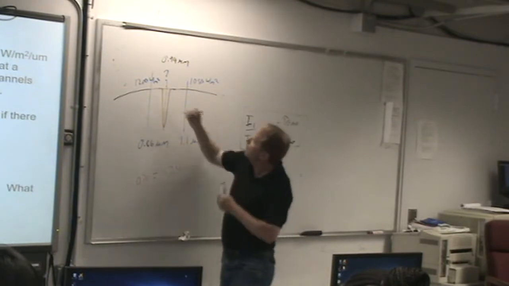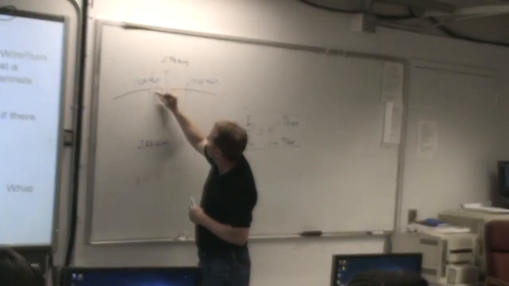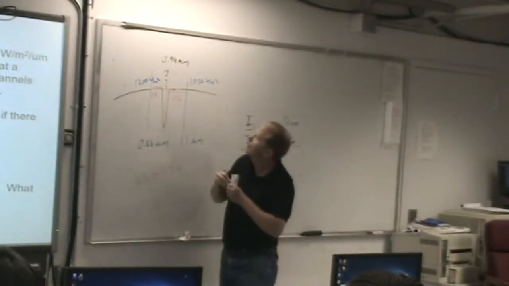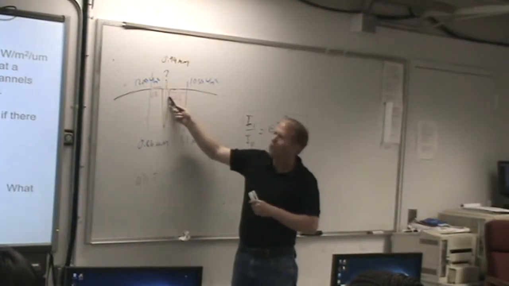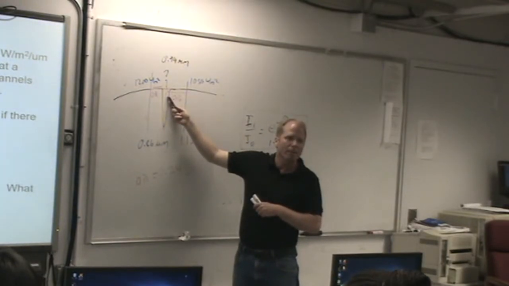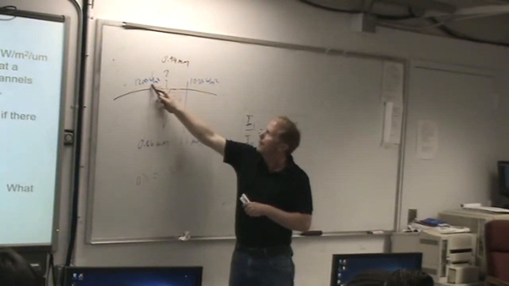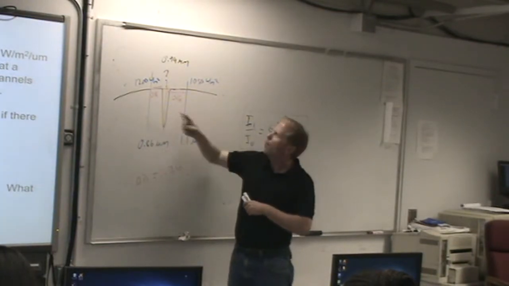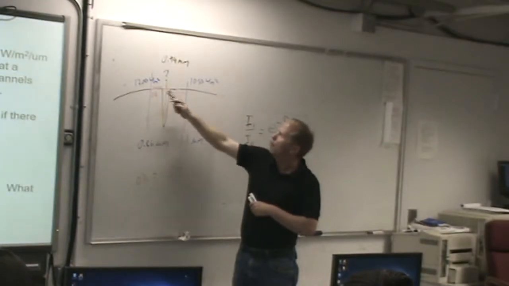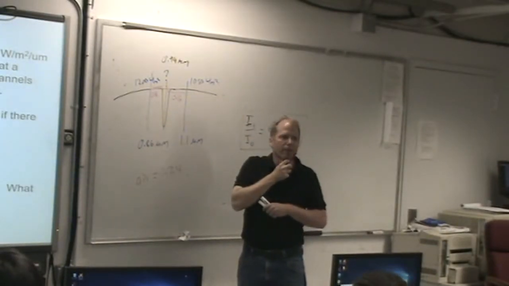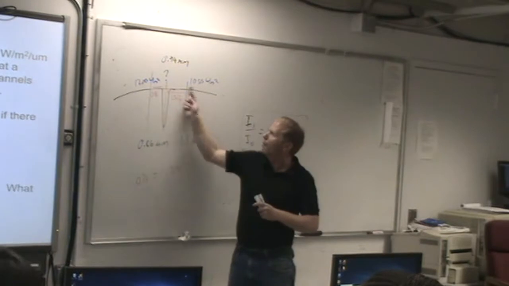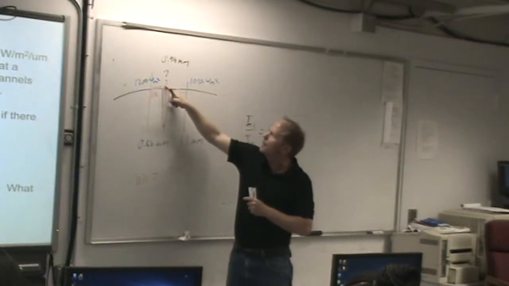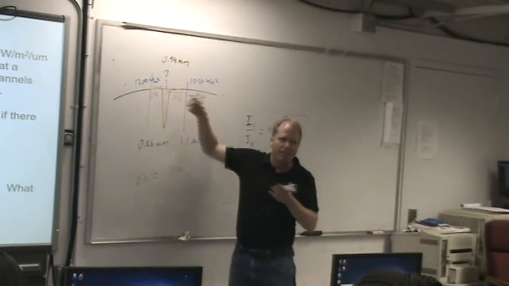Well, the delta wavelength is 0.08 here and 0.16 there, so 0.94 is 1/3 of the way through. So we expect the intensity to change about 1/3 of the way. If we go from 1200 to 1050, how much does the intensity change? 150. What's 1/3 of 150? 50. So we have 1200 here. What would you expect here? 1150.